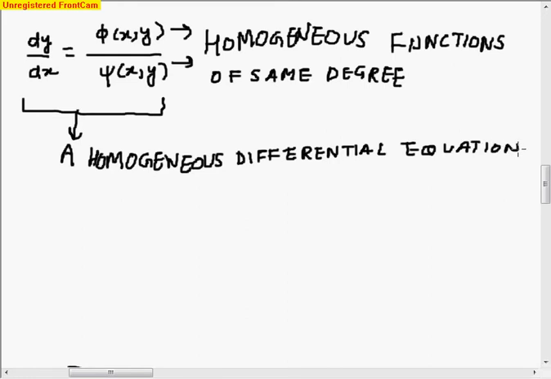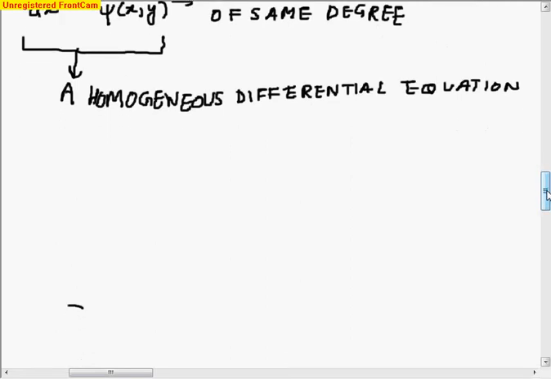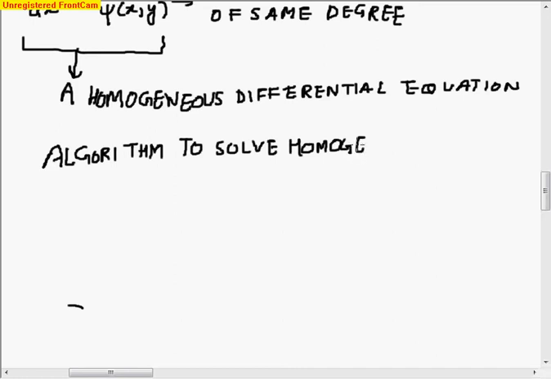Now we'll learn how to solve a homogeneous differential equation. There is a technique. I'll write down the algorithm to solve homogeneous differential equations. I want all of you to write it down.